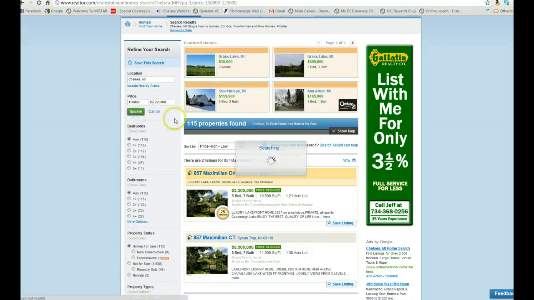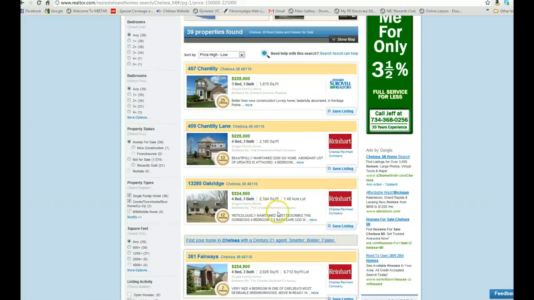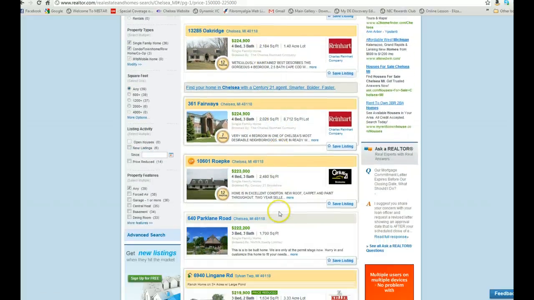Okay, I'm going to update that. All right, so I want to look, and when I find my house, all right, this is a really cute little house. I'm going to open this one.